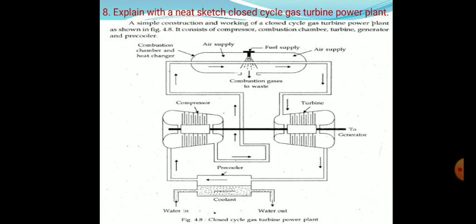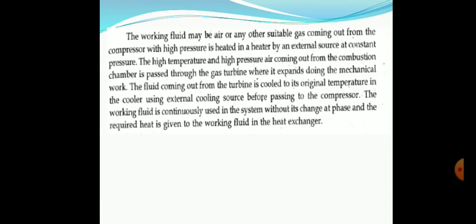Compared to the open cycle, here a coolant is provided and that is collected in a pre-cooler. So water is in, water is out from the pre-cooler, and here also compressor, air supply, fuel supply, combustion gases to the waste, combustion chamber and heat exchanger and turbine generator are connected as usual.